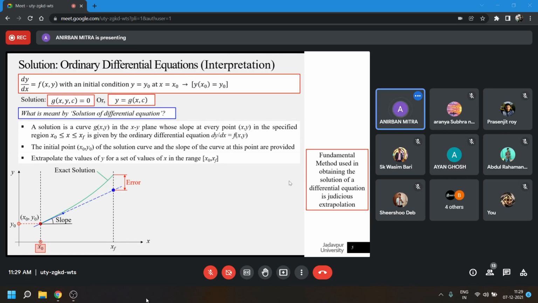But then again, it is also possible to reduce the error. If I subdivide the interval and make it half, then you can see that according to the extended slope, the solution would be somewhere around here for an intermediate point, which is half of xf.